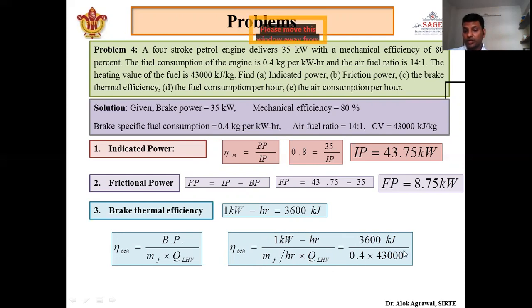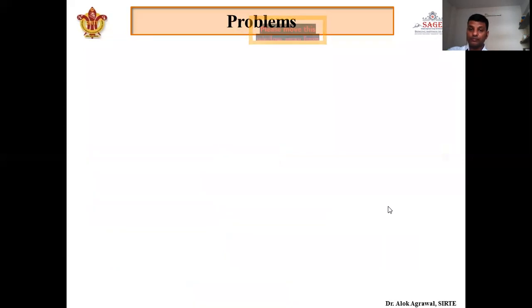It is 0.4, and the calorific value of fuel is already given, 4300 kilojoule per kg. By substituting all the values, we get brake thermal efficiency as 20.9%. Here is a trick: we cannot take brake power as 35 kilowatt because mf is not given as 0.5 kg per hour or per second. It is given per kilowatt hour, which is the unit of brake specific fuel consumption. We have to keep that in mind.